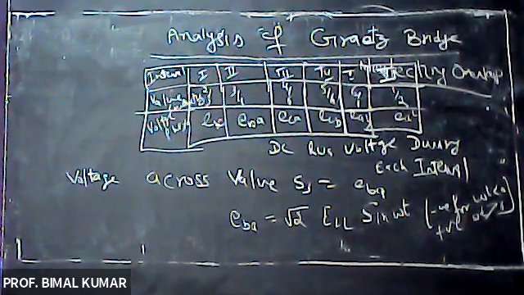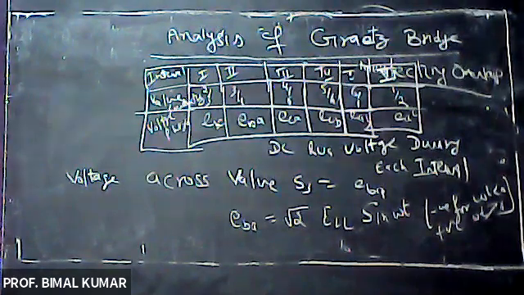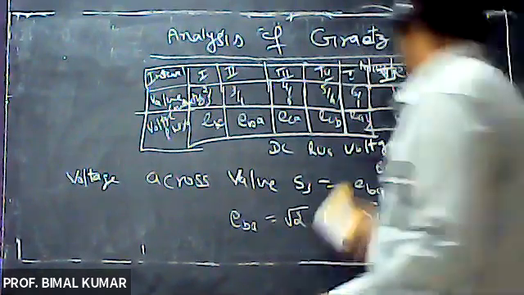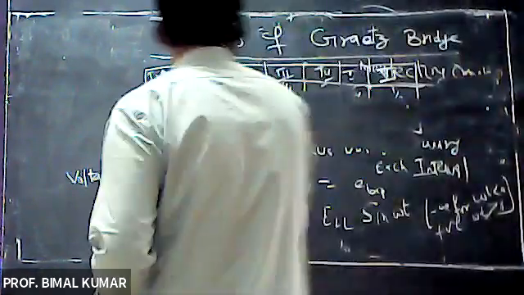So if we are applying a gate pulse at omega t equal to alpha, in that case, this EBA will become EA, EB and EC.